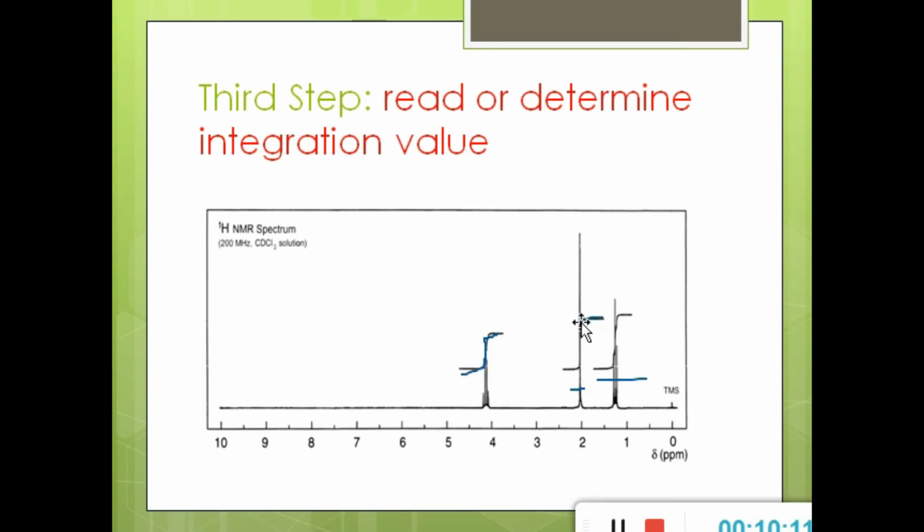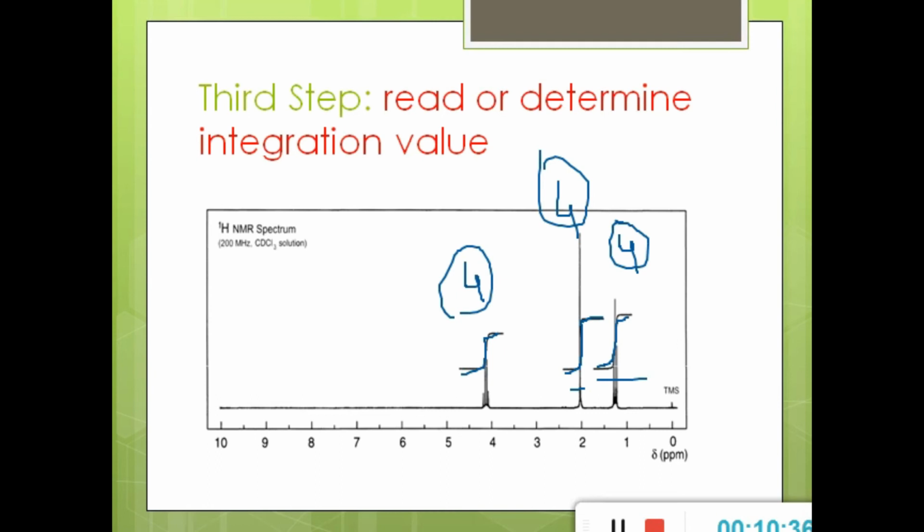Okay. Now what do we have to do to determine the integration value? If you have a spectrum that has some information written on the top of the peaks or on the sides of the peaks, then that already gives us the integration values in digital form from the computerized system.